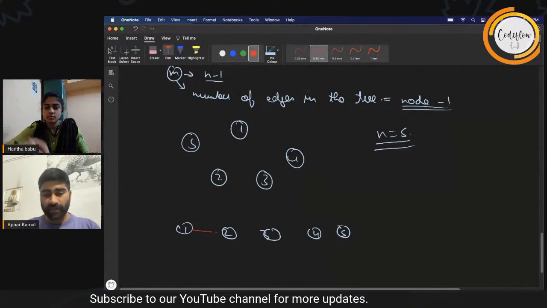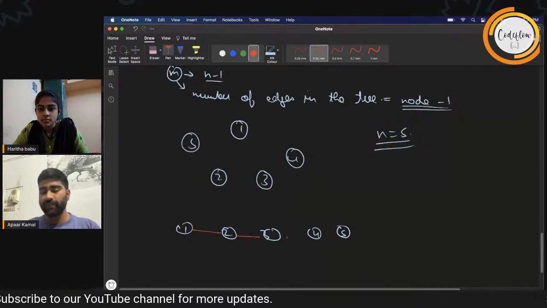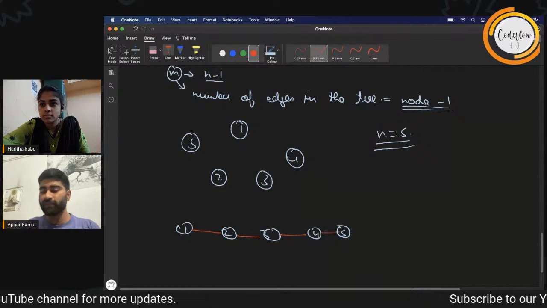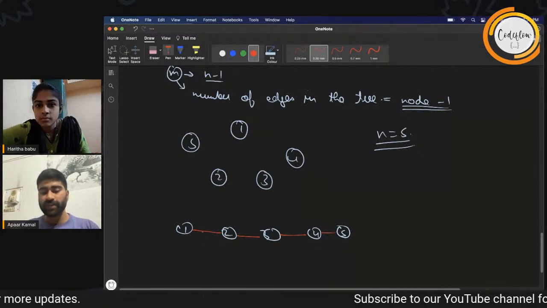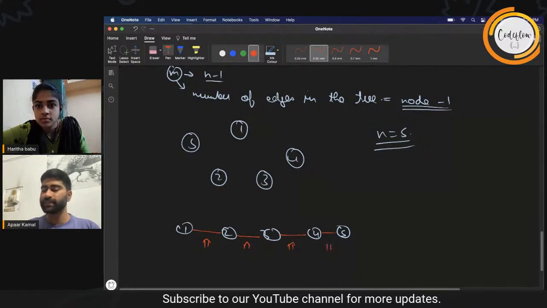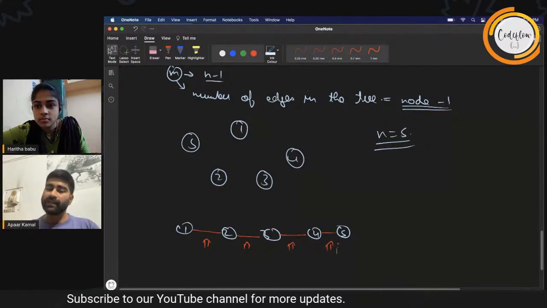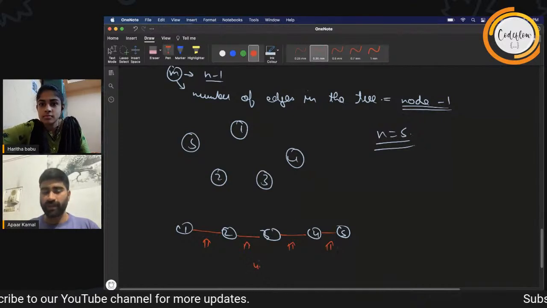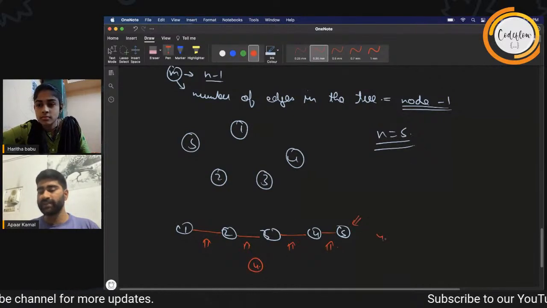That means 1 and 2 will be connected, 2 and 3 will be connected, 3 and 4 will be connected, and 4 and 5 will be connected, right? So what is the minimum number of edges required to connect all the nodes to make it a connected component? 4, right? So if I have 5 nodes, 4 edges are required.